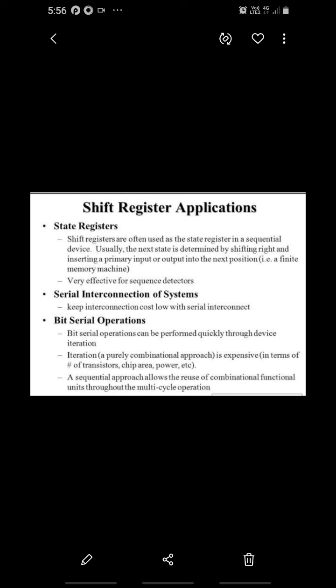And it is used as a serial to parallel converter. Data in serial form can be converted into parallel form by using a serial in, parallel out shift register. Serial data transmission from one digital system to another is commonly used to reduce the number of wires in the transmission line.